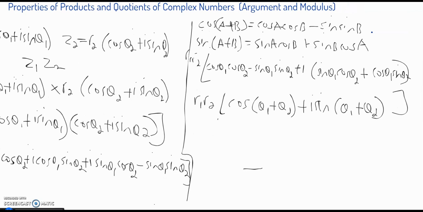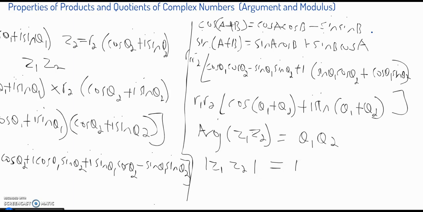So we can actually make a deduction here that if you have two complex numbers z1 and z2, then we can say that the argument of z1 times z2 is simply equal to theta 1 plus theta 2. We can also speak to the fact that the modulus of z1 z2 is equal to r1 r2.